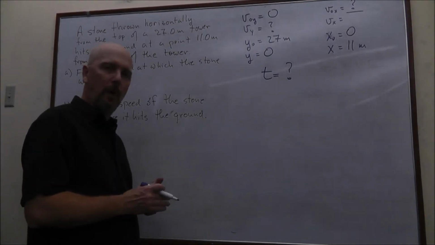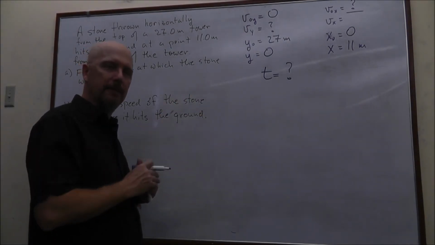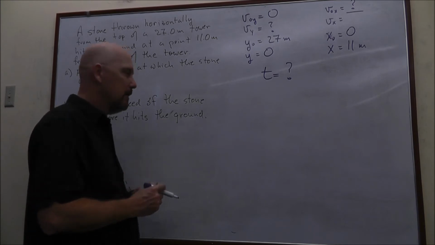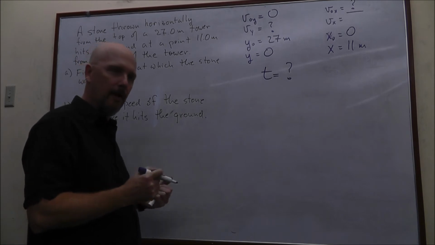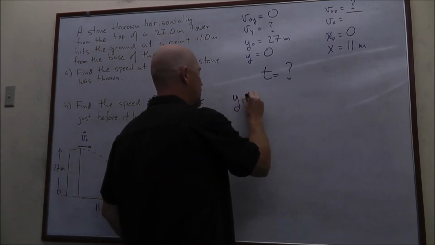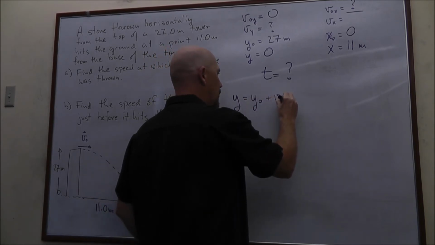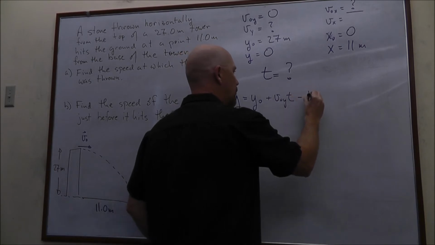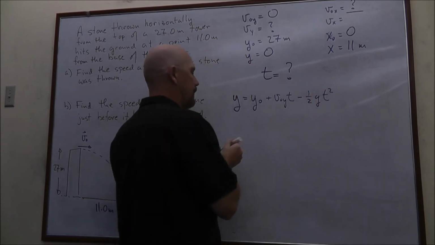So as far as y motion is concerned, throwing the ball is the same as simply dropping the ball. So we think about how long does it take for the ball to drop. We decided to use the equation y equals y0 plus v0y t minus 1/2 g t squared.